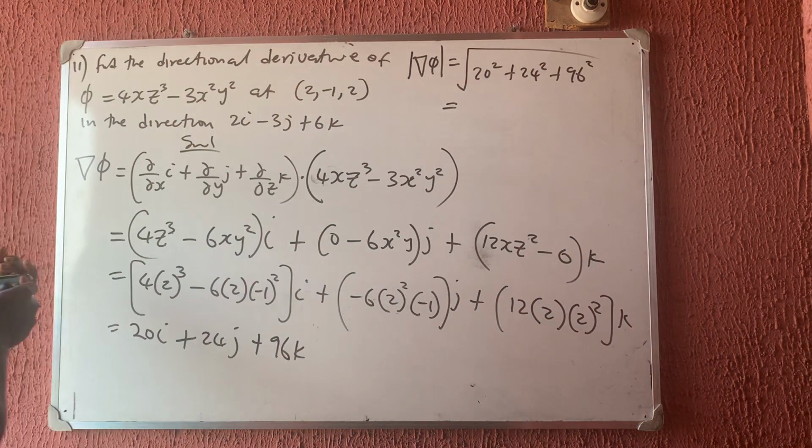So what do you have? So that is the square root of, sorry, 20 squared plus 24 squared plus 96 squared.